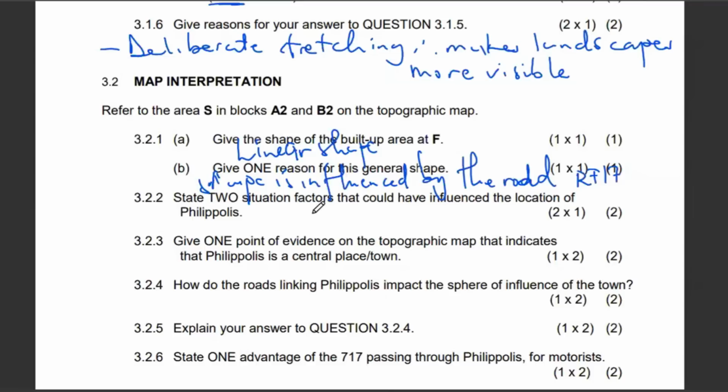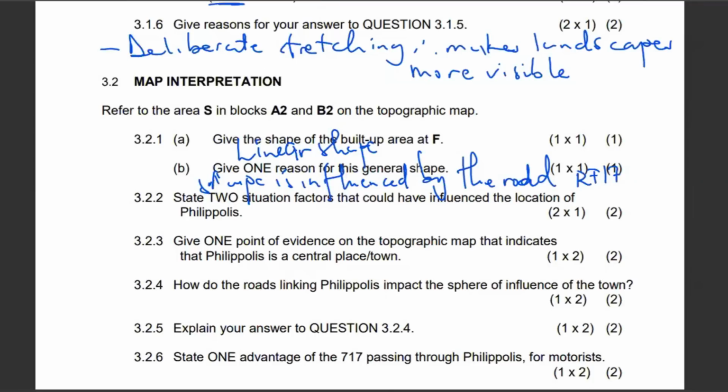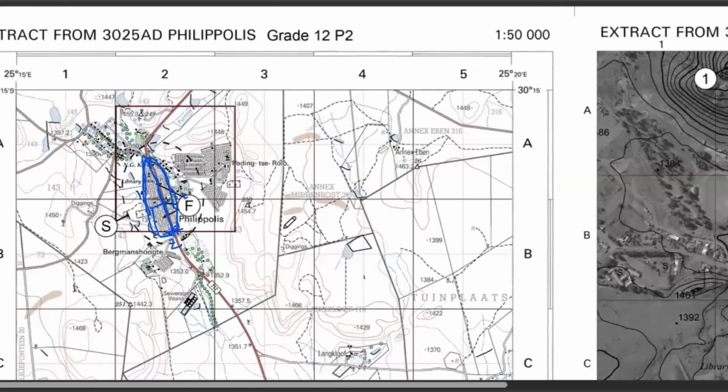Then it says state two situational factors that could have influenced the location of Philippolis. Situational factors that would have influenced Philippolis. Situational, we are looking at the relationship of this settlement in relation to the surrounding environment.